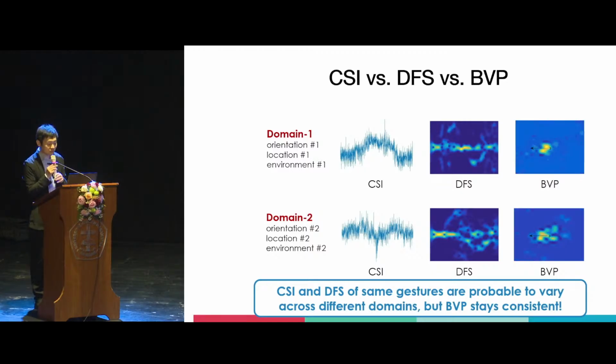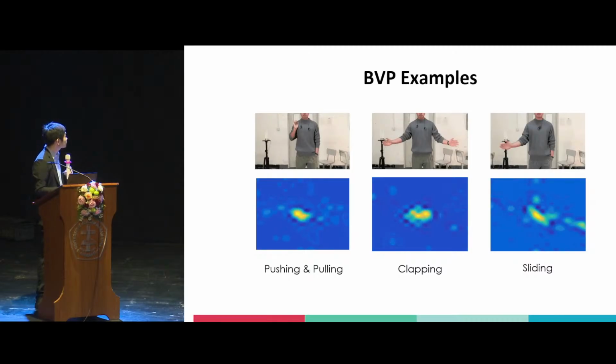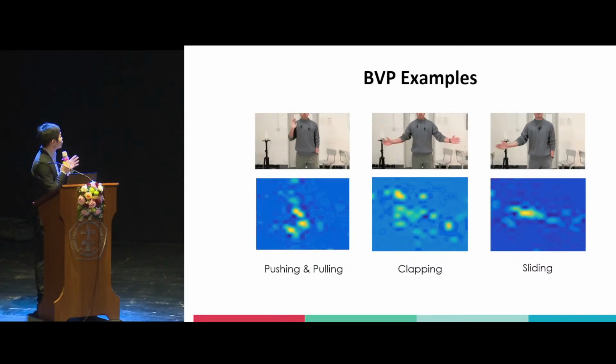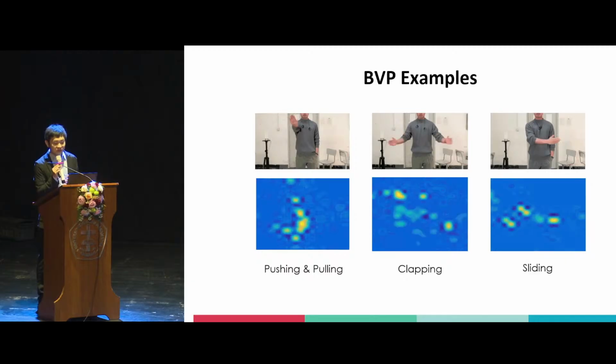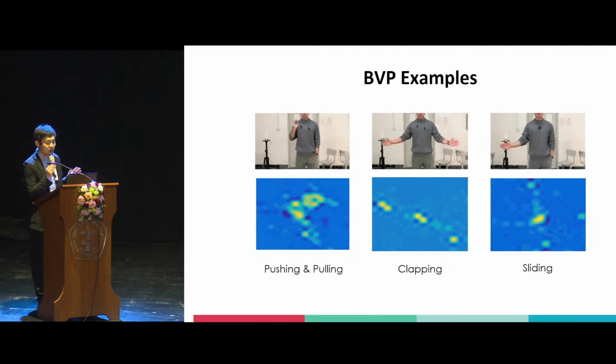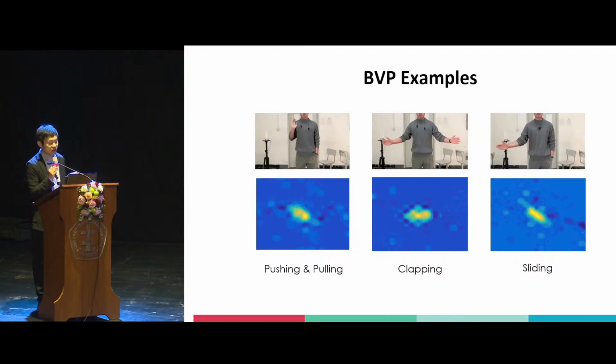So we can conclude that in cross-domain settings, CSI and DFS features are very easy to change, while BVP is more stable and more suitable as an environment-independent feature. Here I show more examples, exhibiting BVP examples of different gestures. We can see that BVP is a distinct feature to recognize different gestures.